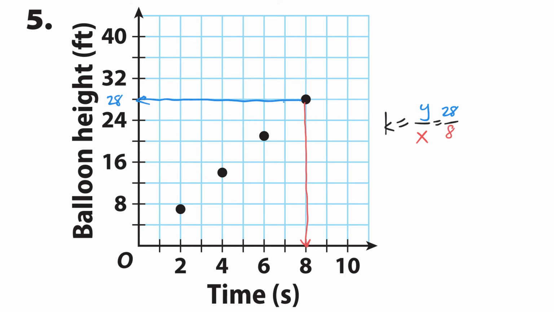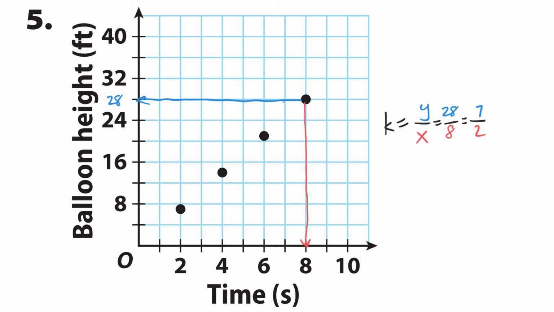I can simplify this by taking half of both, so I can divide them both by 4. So this would be 7 over 2. And that's the k.